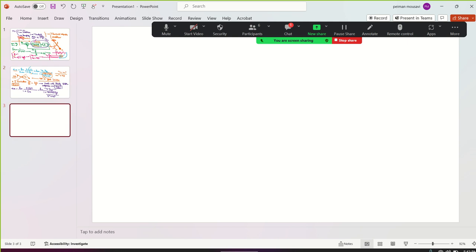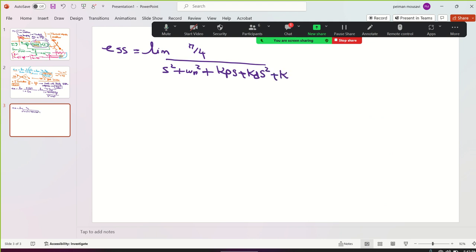Yes. So ESS, steady state error signal, is going to be the limit of pi over 4, and here you're going to have s squared plus omega n squared, plus Kp s plus Kd s squared plus Ki, divided by s.